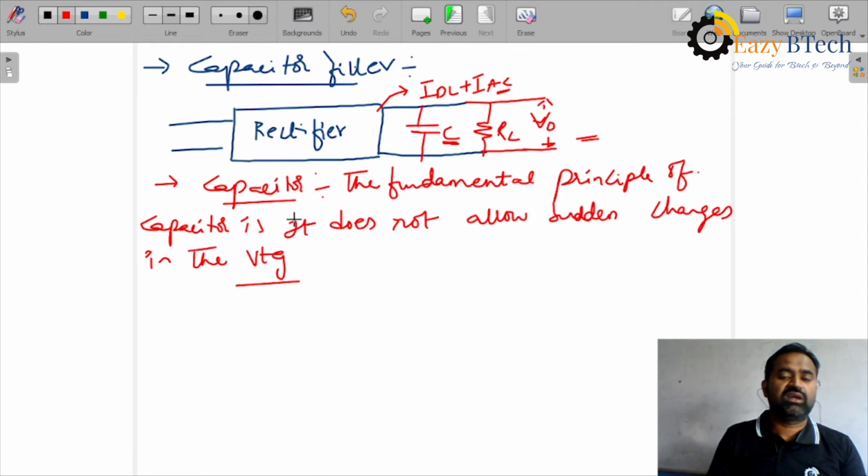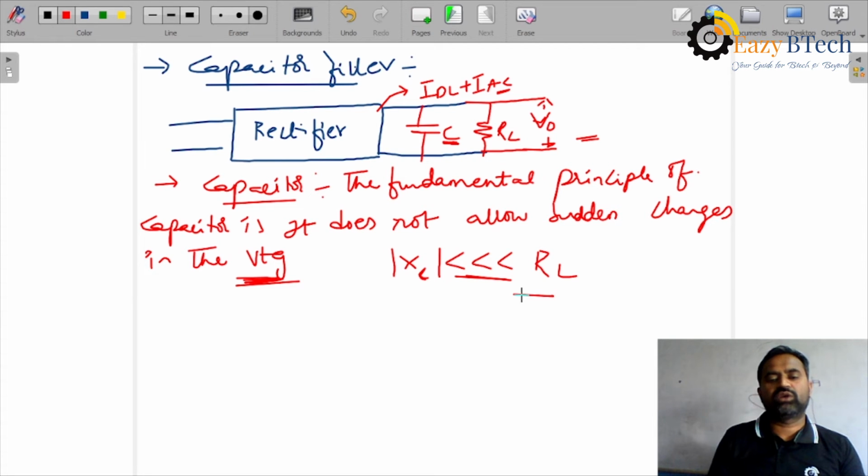Similarly, the fundamental behavior of a capacitor is that it does not allow sudden change in the voltage. The reactance of the capacitor for the AC portion must be smaller than that of the load resistance.